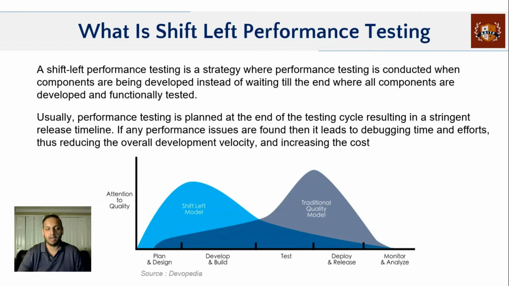Only then would performance testing happen. And most of the time when performance testing is done, we uncover so many performance related issues. It goes back for fixes and the development team has to redo it. Again, it has to go through the process of testing again, and then comes to performance testing. So it adds a lot of overhead and also time.